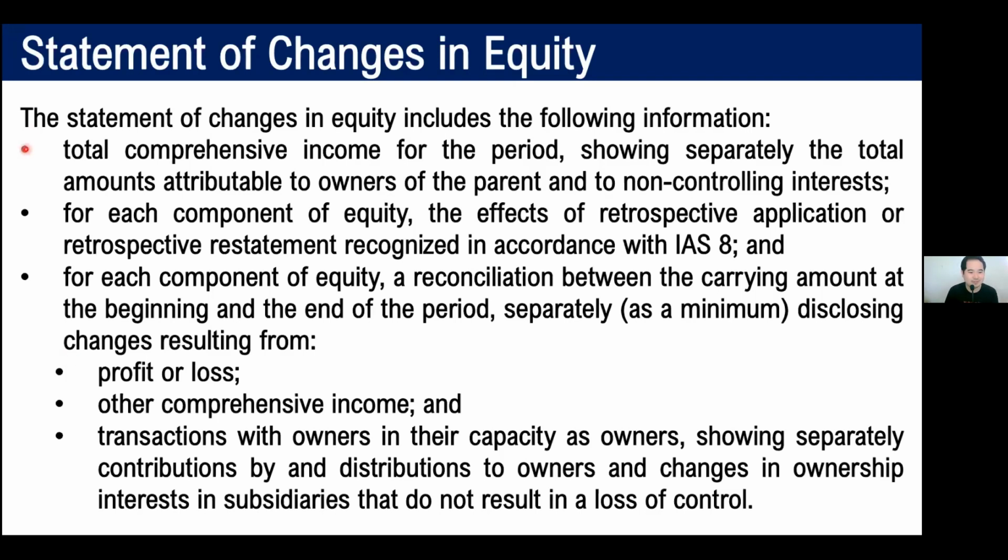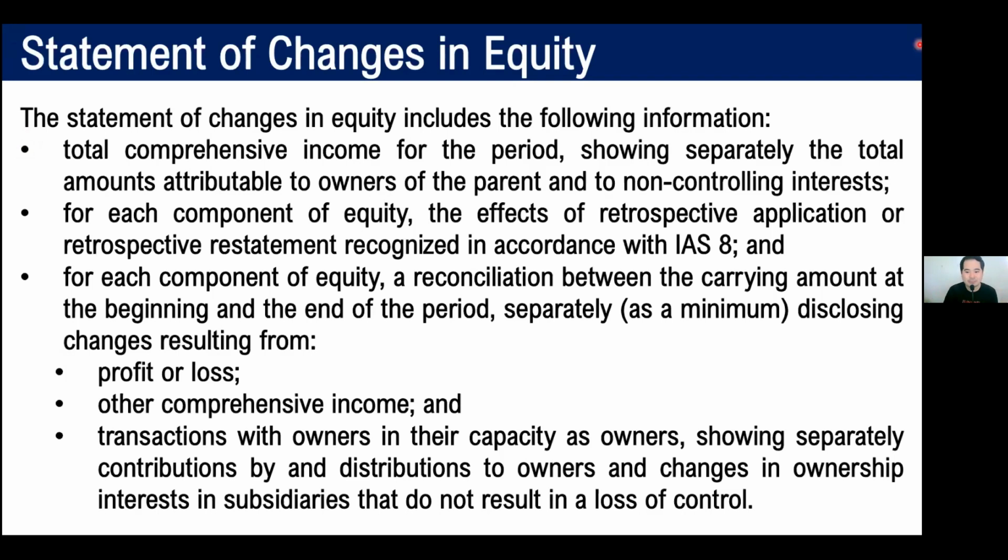First thing, the total comprehensive income for the period showing separately the total amounts attributable to owners of the parent and non-controlling interest. Kayo po ay galing na sa ABC, Accounting for Business Combination, so I don't think na mahirap para sa inyo i-comprehend kung ano po yung owners of the parent and NCI.